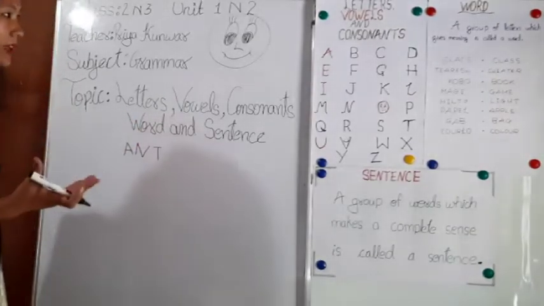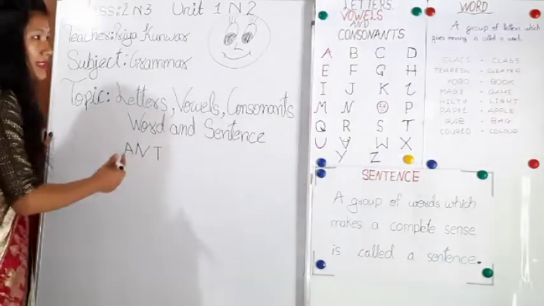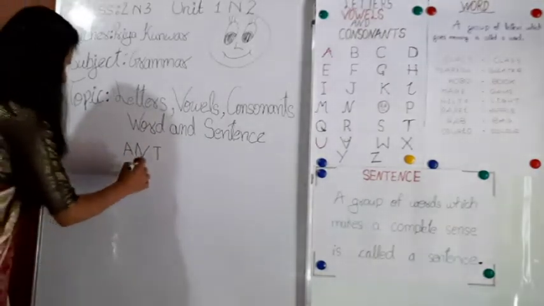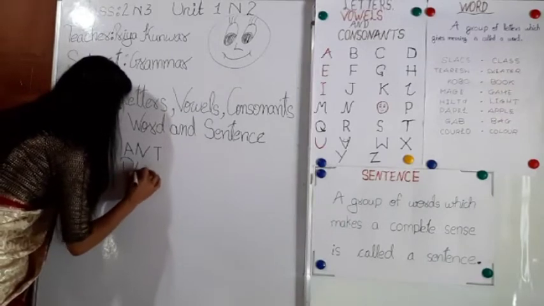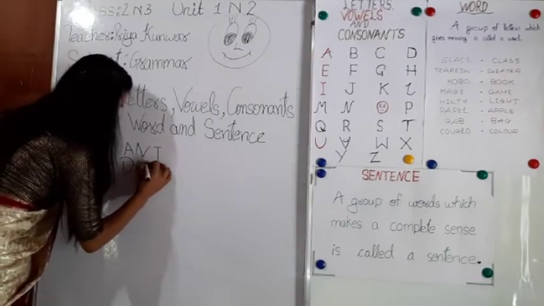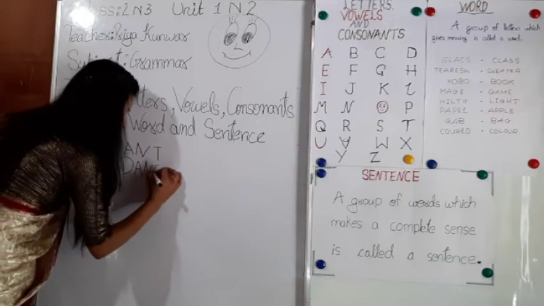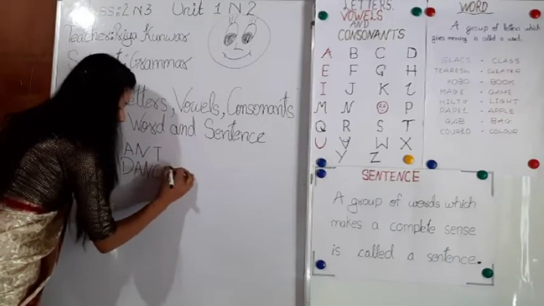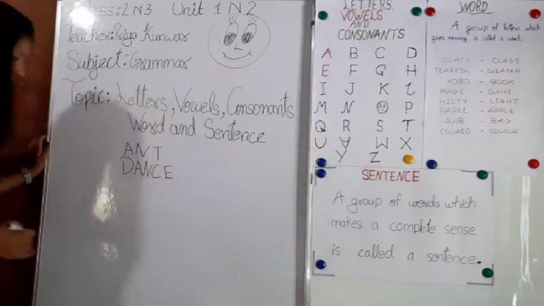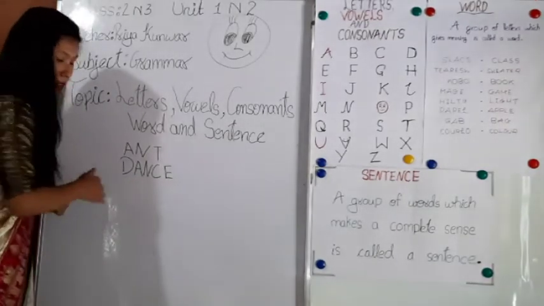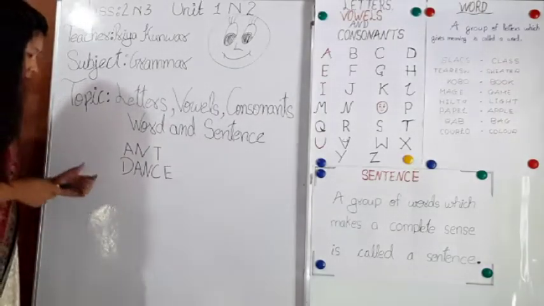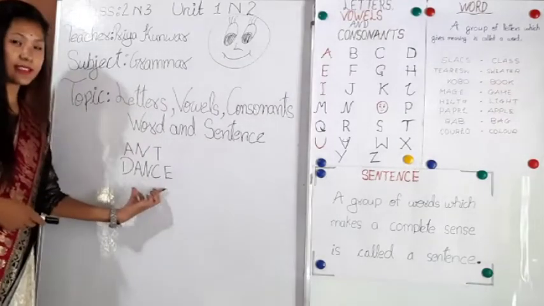Let's make two more examples. D, A, N, C, E, dance. This group of letters forms a meaningful word, dance.